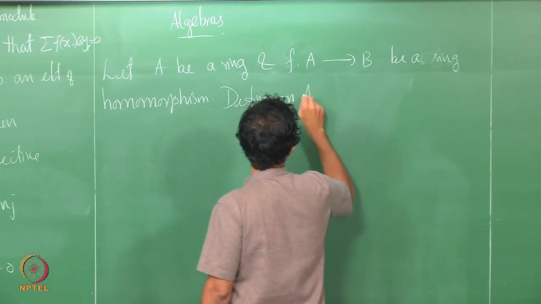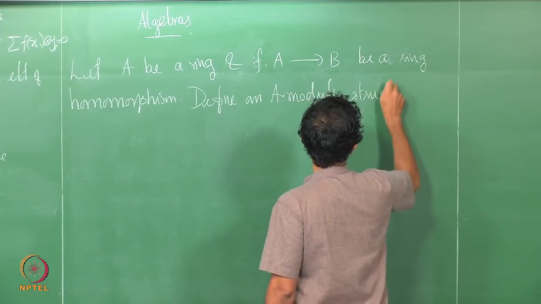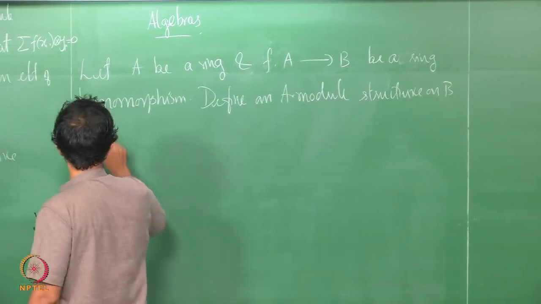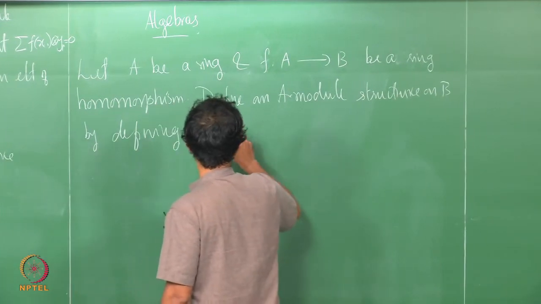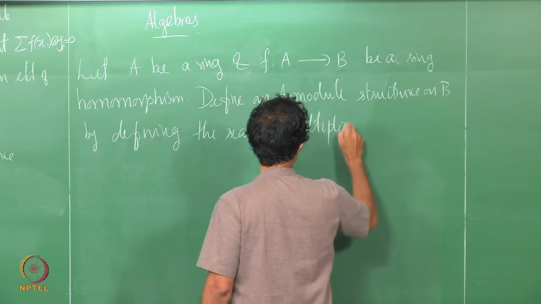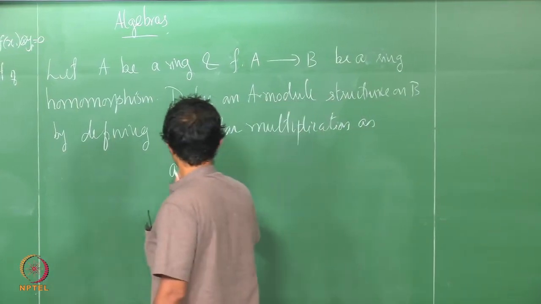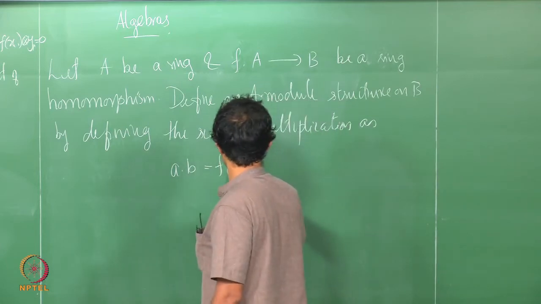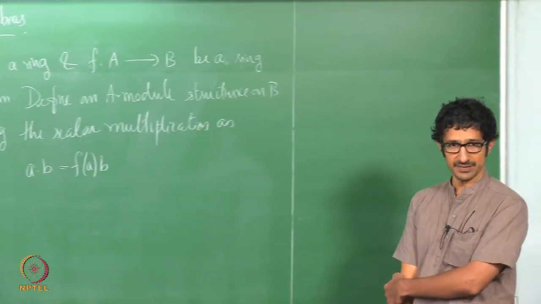Define an A module structure on B by defining the scalar multiplication a times b as f of a times b, through the map f.